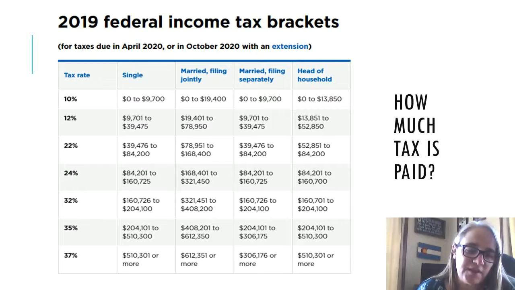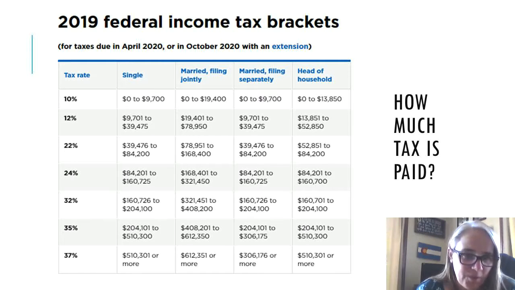That's the percentage of your income you would pay in federal taxes. And then you have to pick which column applies to you. Do you file taxes as a single person, as a married person filing jointly, which means filing together, or a married person filing separately? And are you filing as the head of the household? All of those things change your income tax bracket just a little bit.